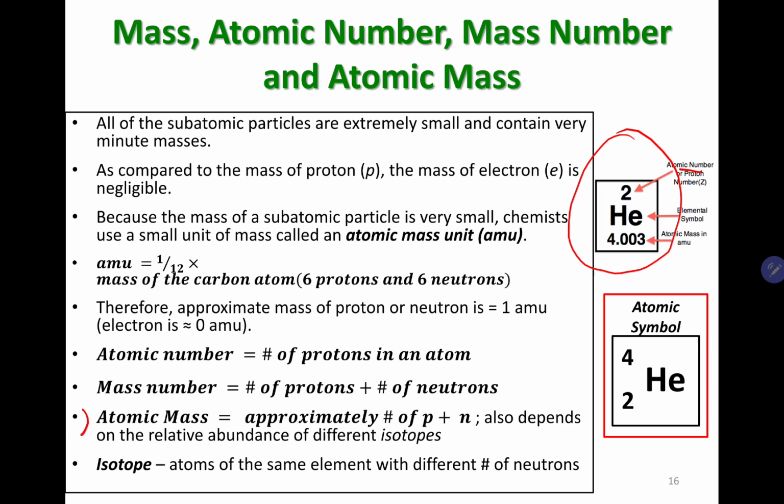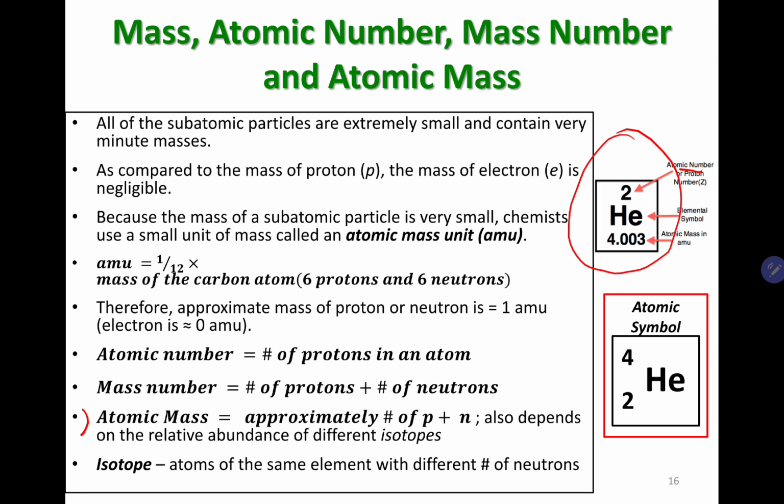You can imagine elements as different species. One element is humans, the other element is dogs, another element is cats. If you want the average mass of a human, you have to measure the masses of every human and then divide by the number of humans in the population.